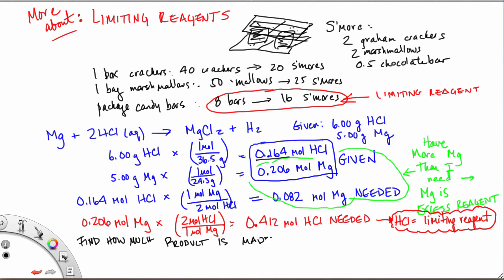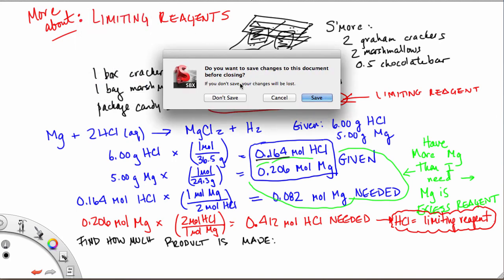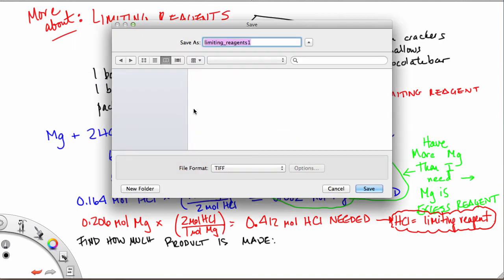And as I'm thinking about this, boy, I'm really scrunching this page up. So let's open up a new page. Okay. There we go. So I want to calculate the product given the limiting reagent.